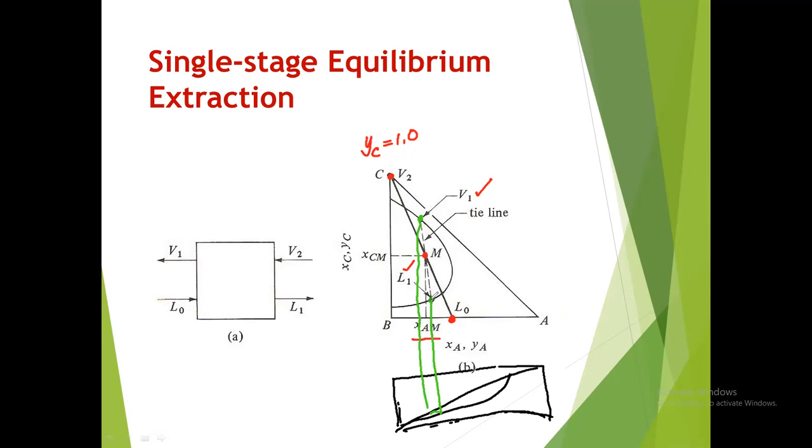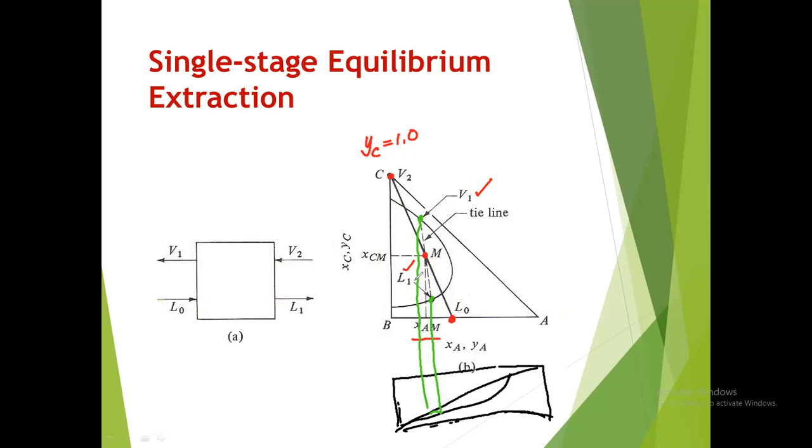So now you have a point which started at L1, a point of your choice on the lower part of the phase envelope, and ended on V1 on the upper part of the phase envelope. Remember that you have initially already plotted M here based on the XAM, which you have projected on this line LO and V2. So what you're going to do is connect this V1 and L1. If they pass through this bulk phase M, point M on the LO V2 line, then this is the tie line, which will tell you the resulting equilibrated layers, extract and raffinate layers V1 and L1 respectively.